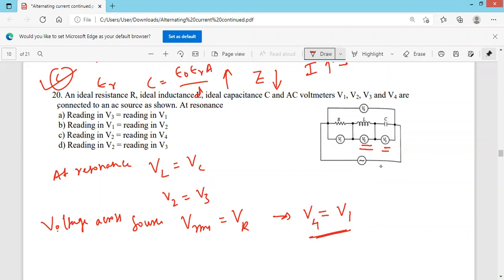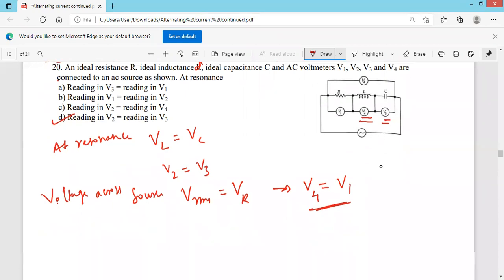So the options: reading in V1 equals reading in V2; V2 equals V4; V2 equals V3. Option D is correct. The reading in voltmeter V2 is equal to the reading in voltmeter V3, that is, the voltage across the inductor is equal to the voltage across the capacitor.